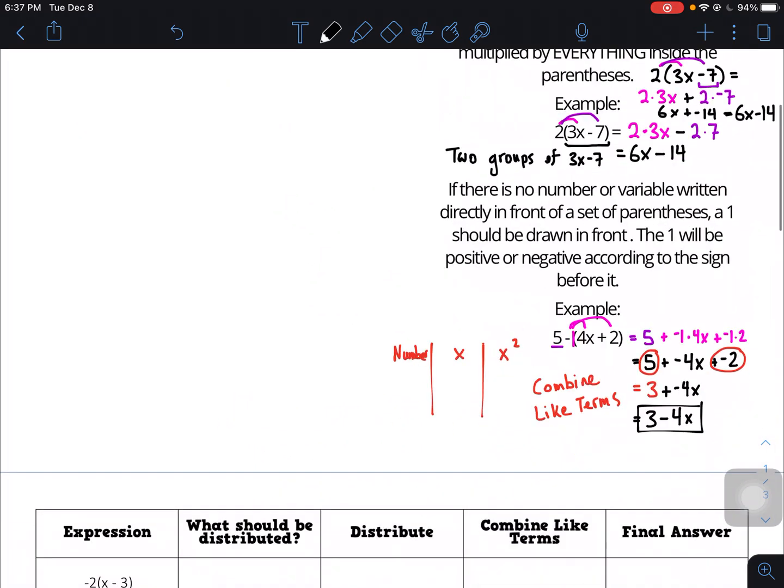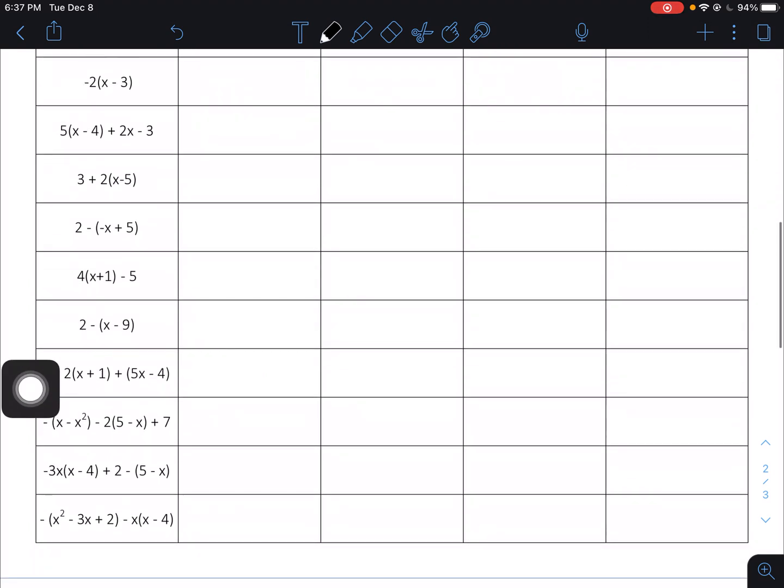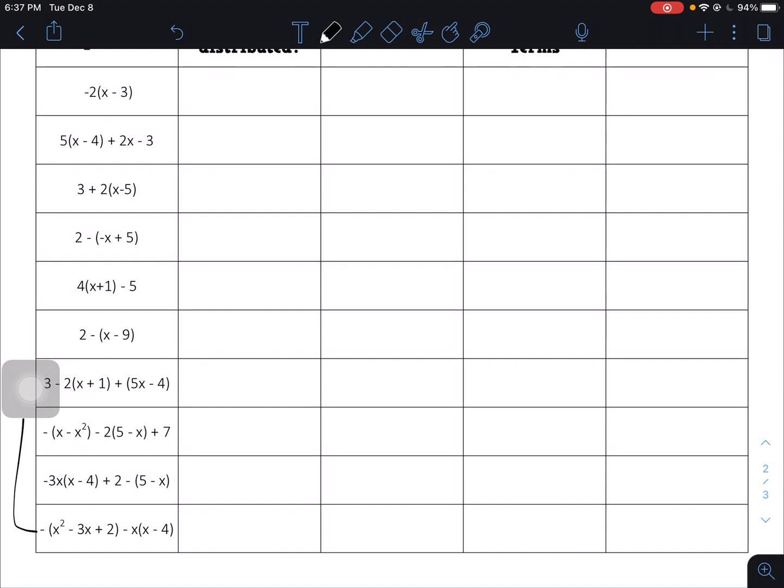Okay, so let's get to what you need to do today. For today, we're going to go through 2 examples on this worksheet. I'll pick a challenging one from down here, and then maybe one from up here too.